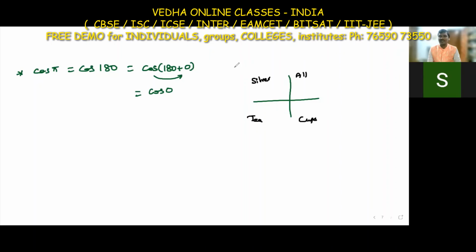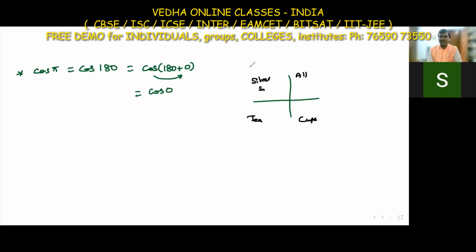This is to remember which function is positive in a particular quadrant. Here the first letter is S, that means sin theta is positive in this. Here the first letter is T, so tan theta is positive in this.